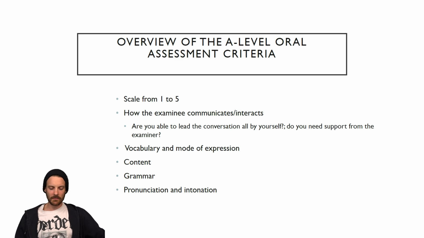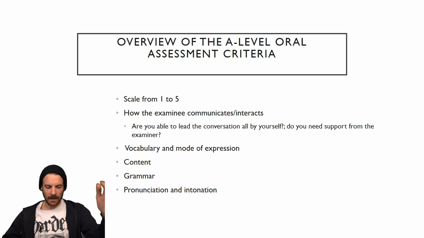I'm sorry, there are 5 criteria. With the criteria communication and interaction, if you need support, it will be ranked differently than if you don't need any support and speak completely freely.